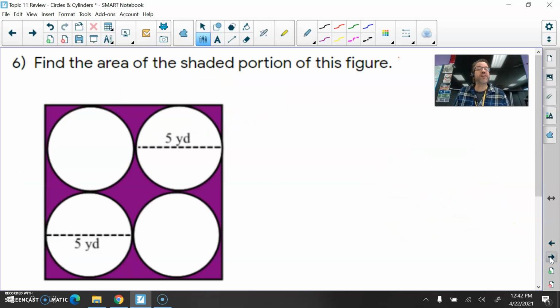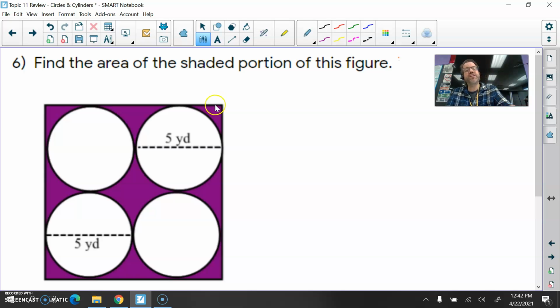All right, number 6, find the area of the shaded portion of this figure. Oh my, the shaded portion, the purple parts. How am I going to find the area of just the purple sections of this figure? Well, we're going to have to look at this figure and see if we can recognize any shapes here.